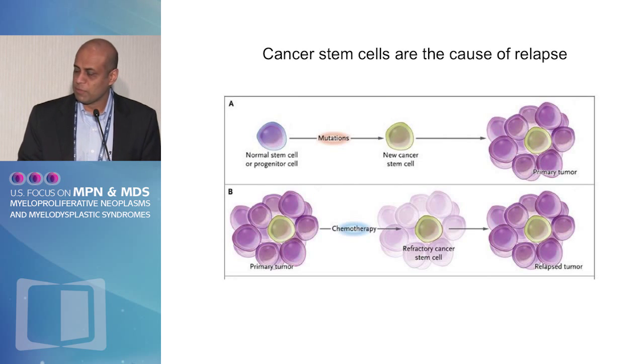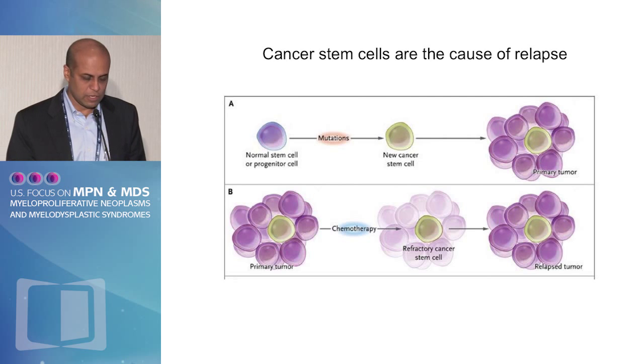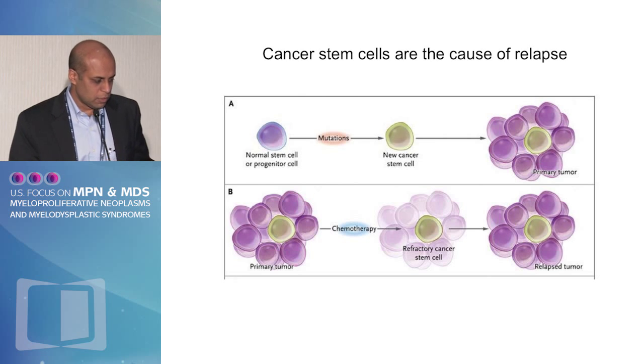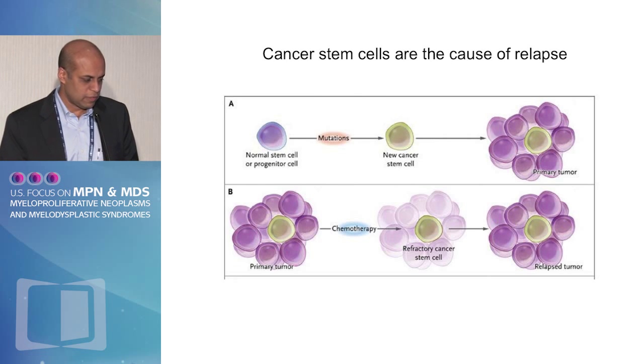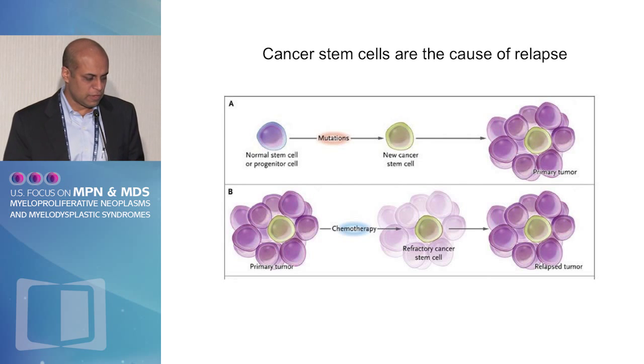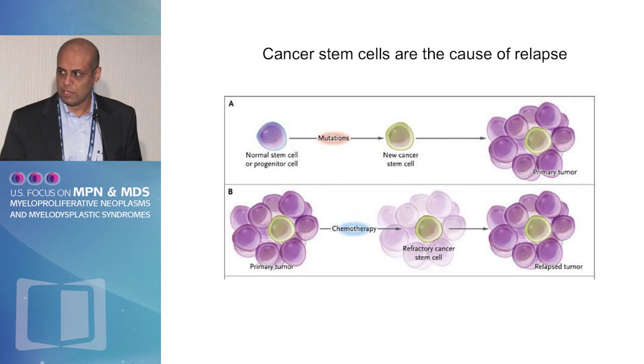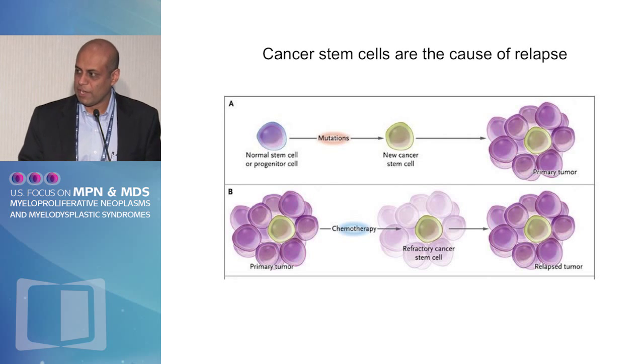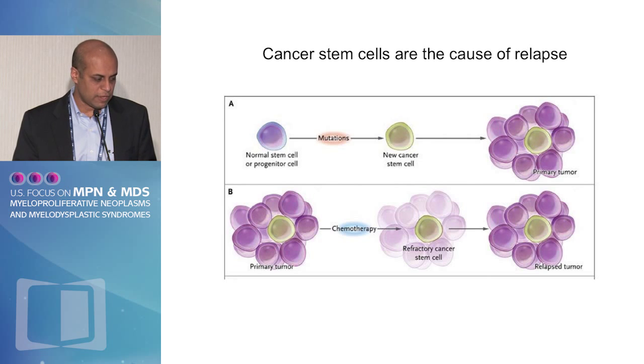The cancer stem cell hypothesis has been studied for many years, and this is a very simplistic diagram. According to this hypothesis, a malignancy has heterogeneity in its cellular composition. You can have blast-like cells, but you also have transformed stem cells that make the malignant stem cell.